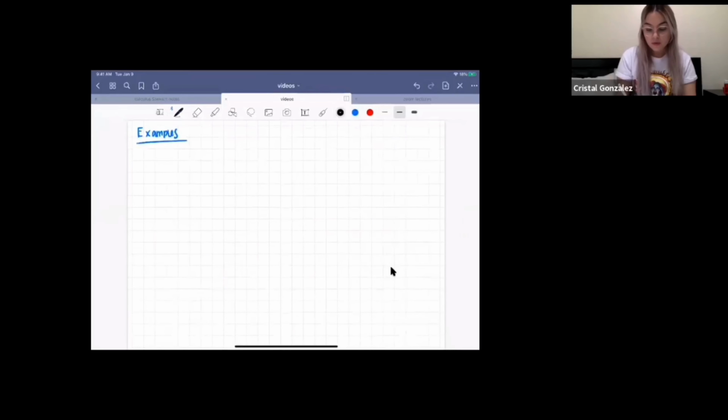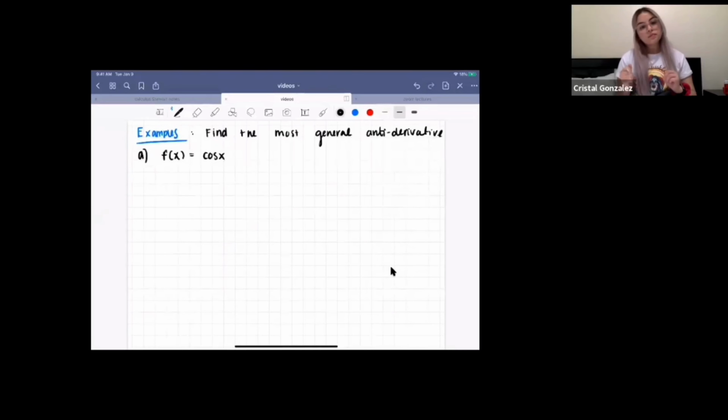Okay, so I want to find the most general antiderivative of, let's do f of x is equal to cosine x.